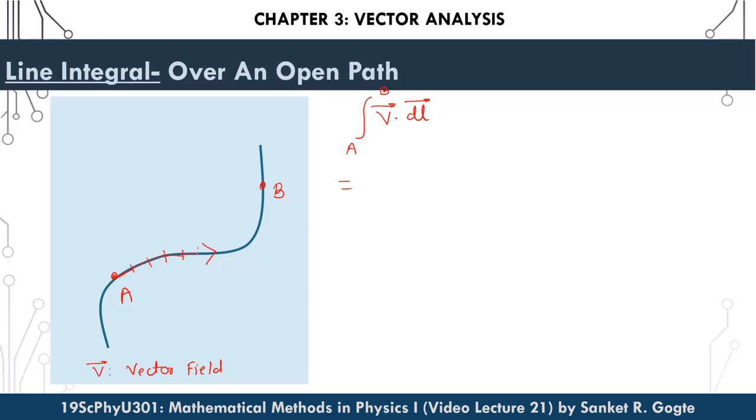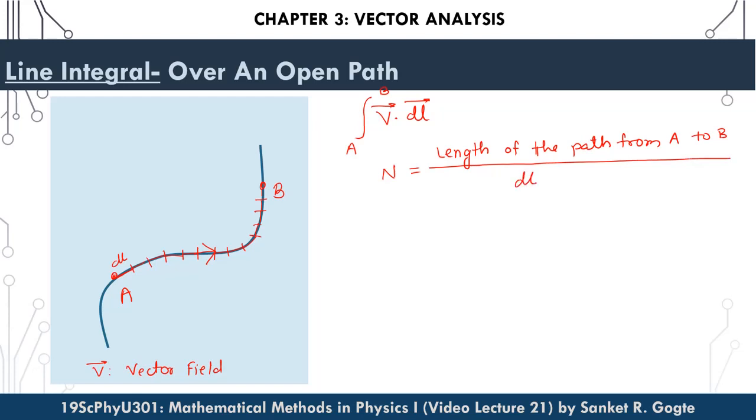So all these small segments are each of magnitude dl, and suppose there are n such segments, which should be equal to the length of the path from A to B divided by the length of each of the segments. Now we consider that this dl is tending to 0 and therefore n tends to infinity.